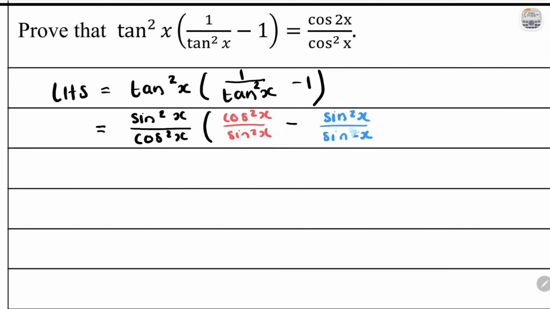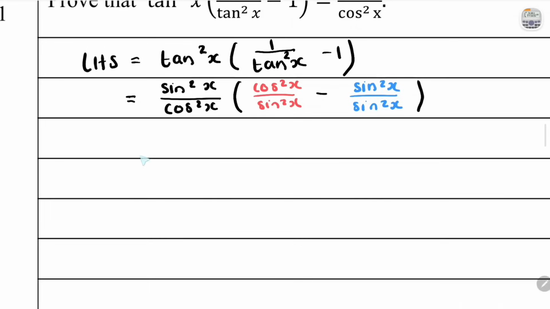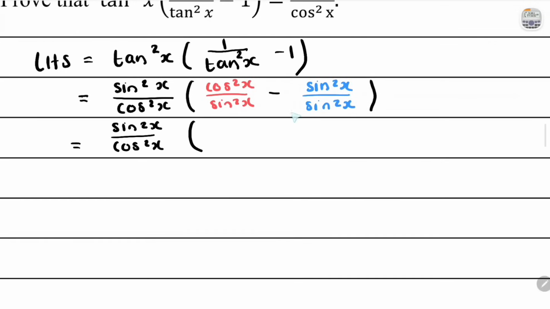Now that is 1 expressed like that, and the denominators are the same. So this is equal to, and we have sine squared x over cos squared x, and we can add these two together now. They will be over the common denominator of sine squared x, and they are cos squared x minus sine squared x.